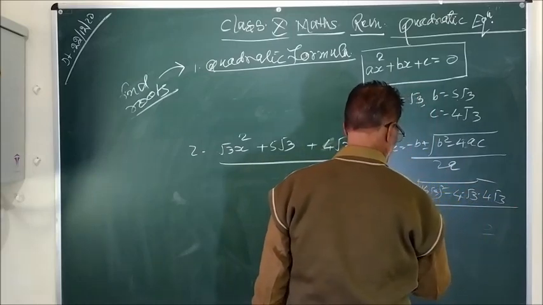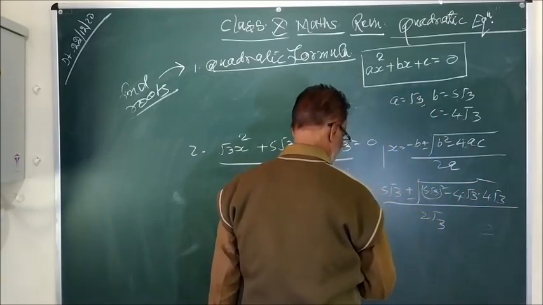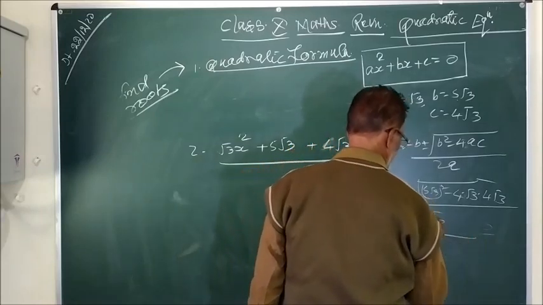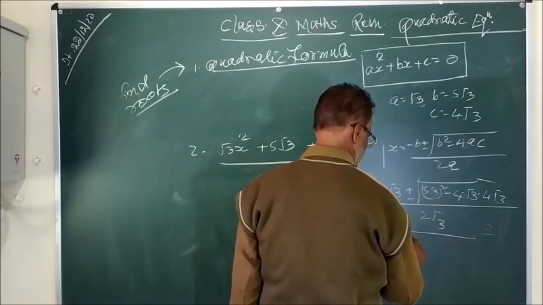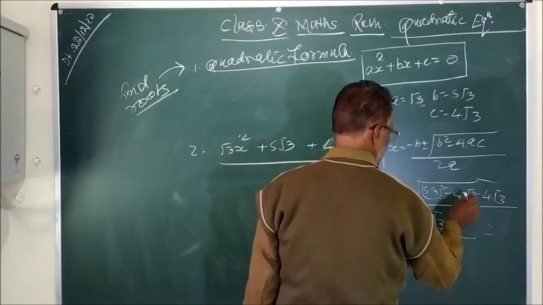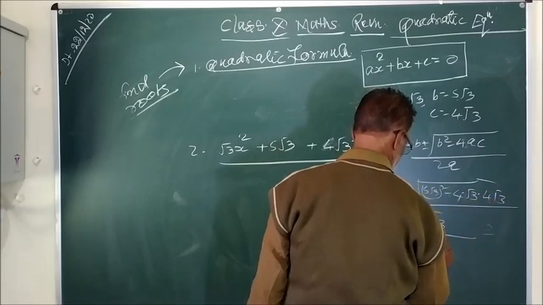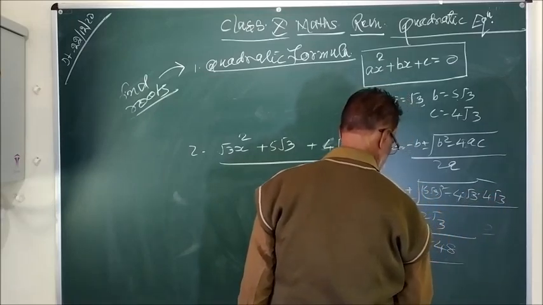Upon 2a, that is 2 root 3. You simplify: 5 root 3 whole squared, 5 fives are 25, 25 times 3 is 75. And 4ac, 4 fours are 16, 16 times 3 is 48.